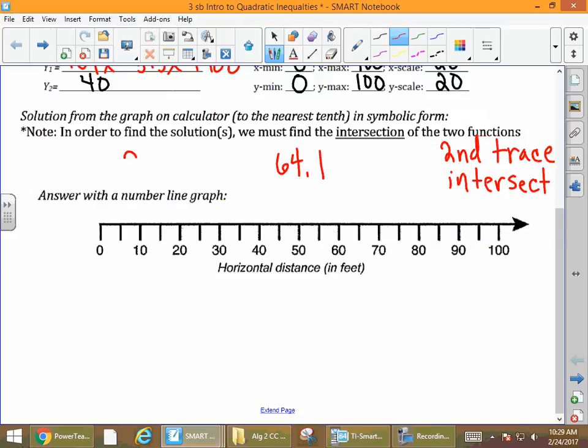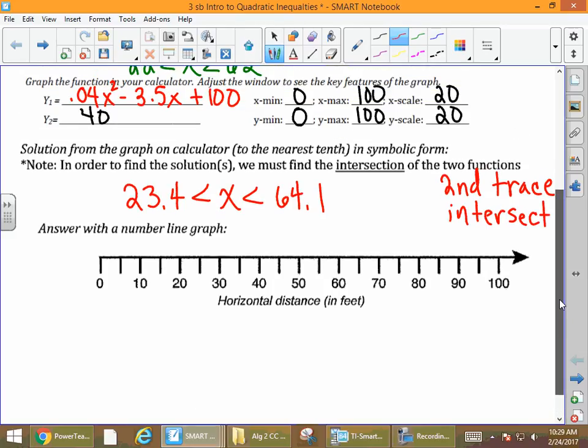So what we have is 23.4 and 64.1. We want to write it in symbolic form, which means that our answer, our x value, is going to be somewhere between 23.4 and 64.1.